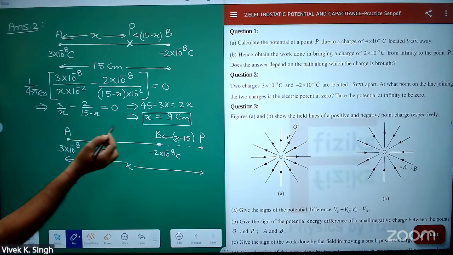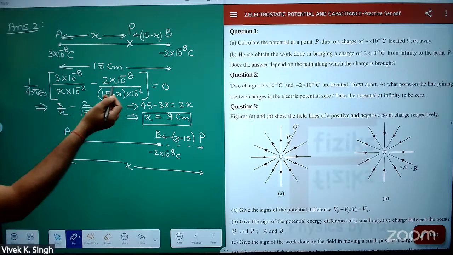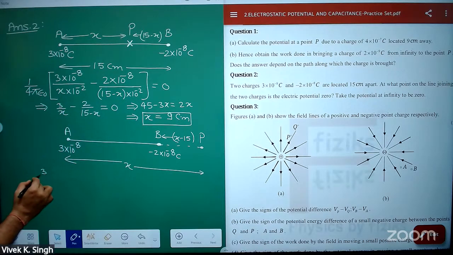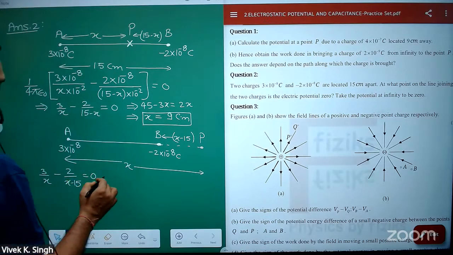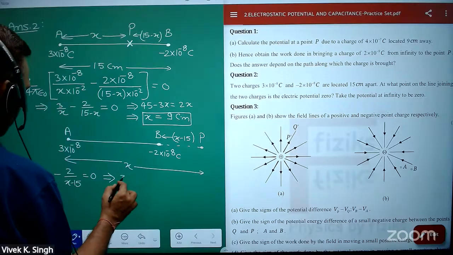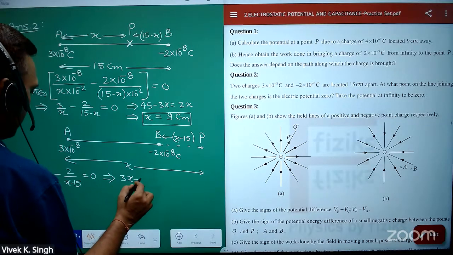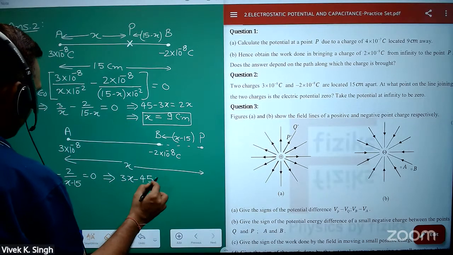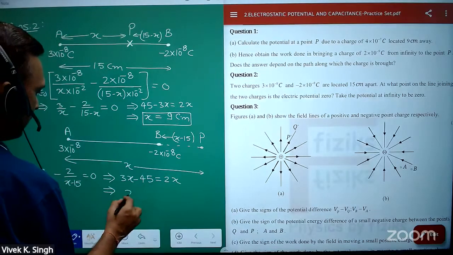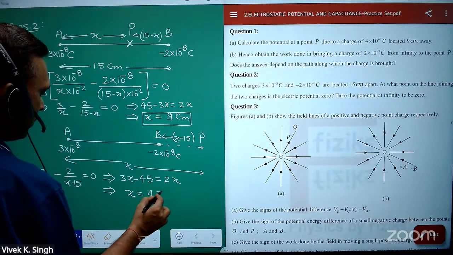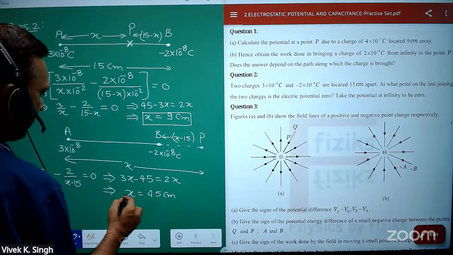So potential due to these two charges. In the same way, if you write the equation, what you will get? This will give you 3 by x minus 2 by x minus 15 is equal to 0. So this will give you 3x minus 45 equals 2x. So x is equal to 45 centimeter.